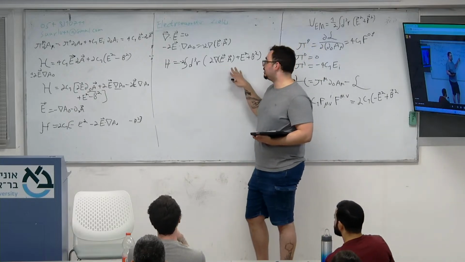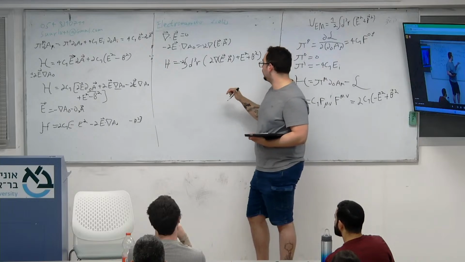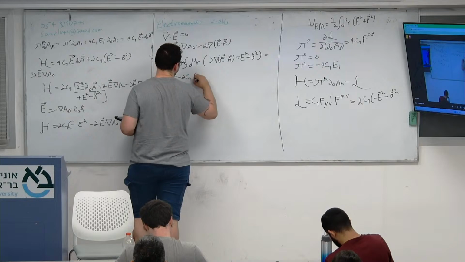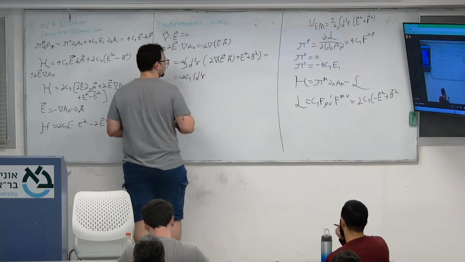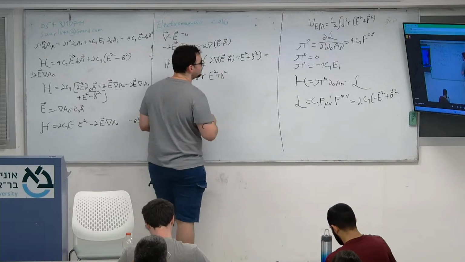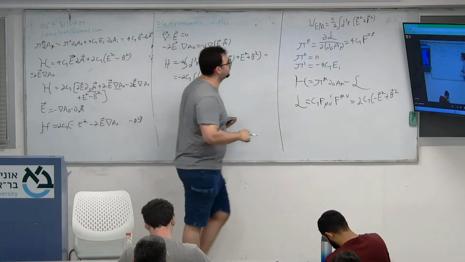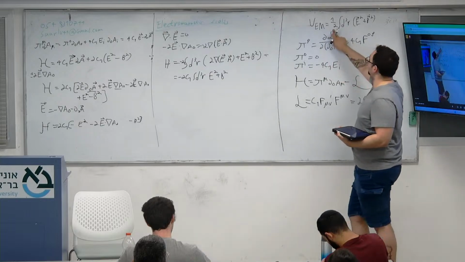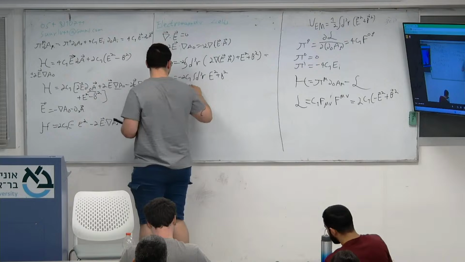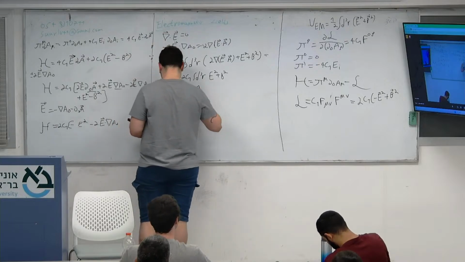It basically is like saying up to a constant. And we just get minus 2c1 E squared plus B squared. And you see here that the constant before the integral needs to be half. So c1 equals minus 1 divided by 4.